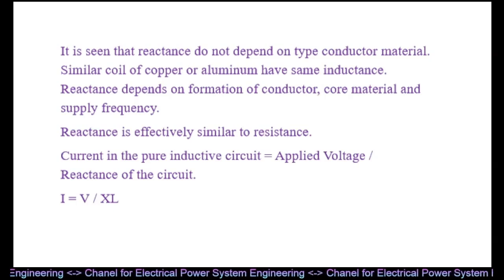Reactance depends on the formation of the conductor, core material and supply frequency. Reactance is effectively identical to resistance. Current in a pure inductive circuit is equal to applied voltage divided by reactance of the circuit, I is equal to V / XL.